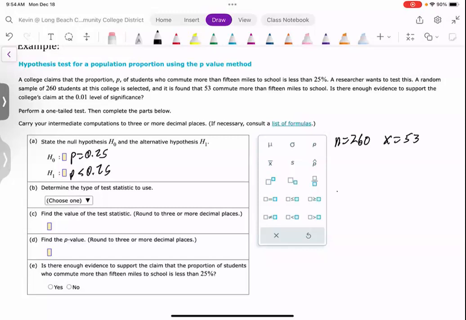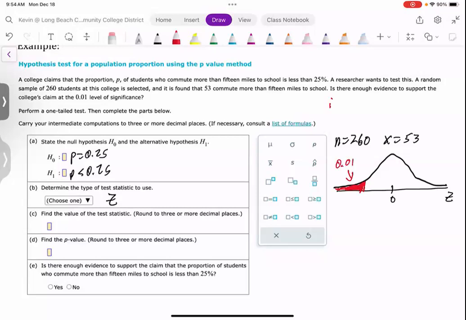All right, so let's set this up again. And these are always a z-test. And because this is less than, that's going to be a left-tailed test. So this is 0.01.